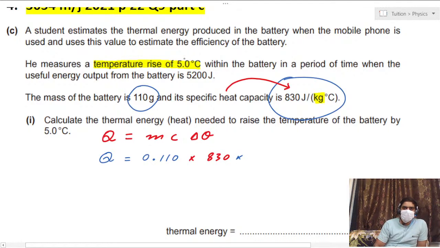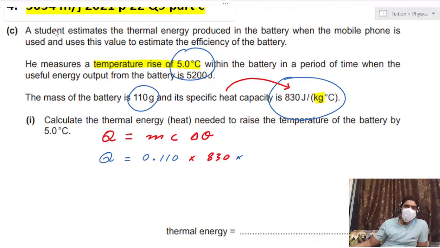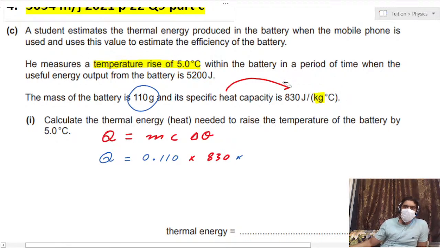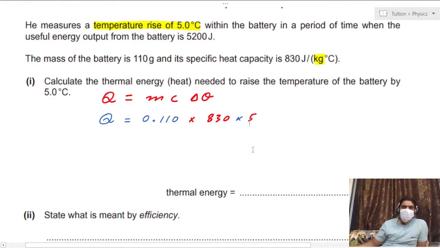And what is the delta theta? Delta theta is the change in temperature, which is the temperature rises by 5 degrees centigrade. So the change in temperature is 5. So this is the total energy that you're supplying.